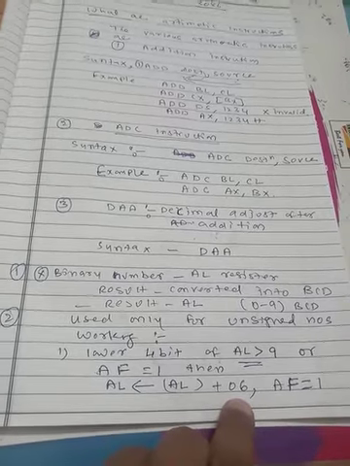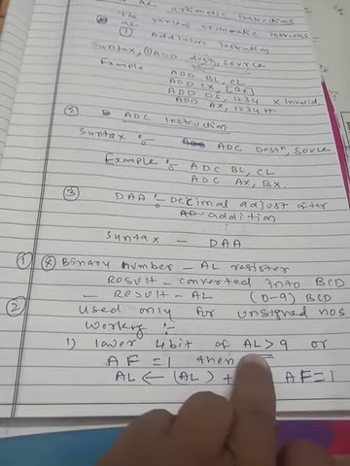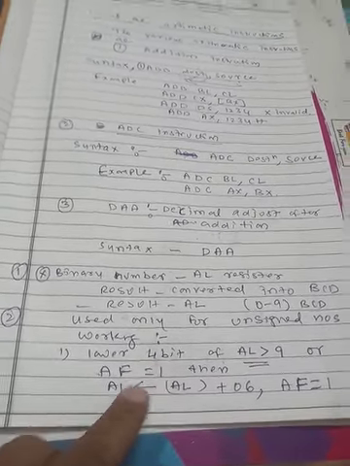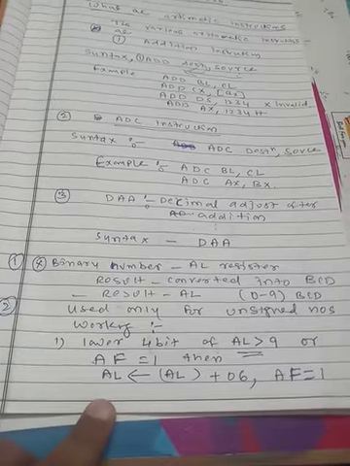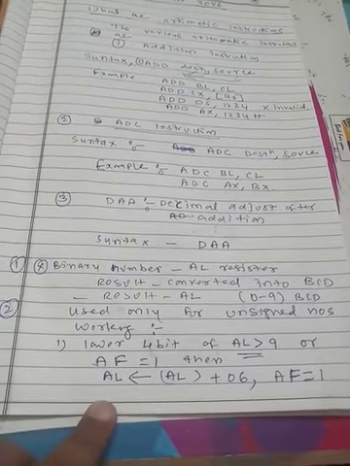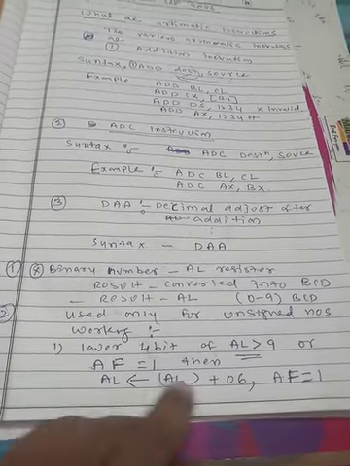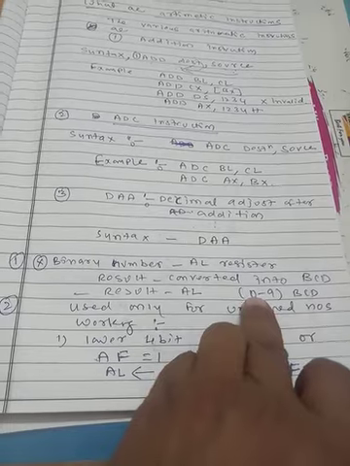Are you getting it? The lower 4 bits of AL. A byte is made up of 8 bits. The first lower 4 bits are called the lower nibble, and the next 4 bits are called the upper nibble. We adjust the result to a number from 0 to 9.